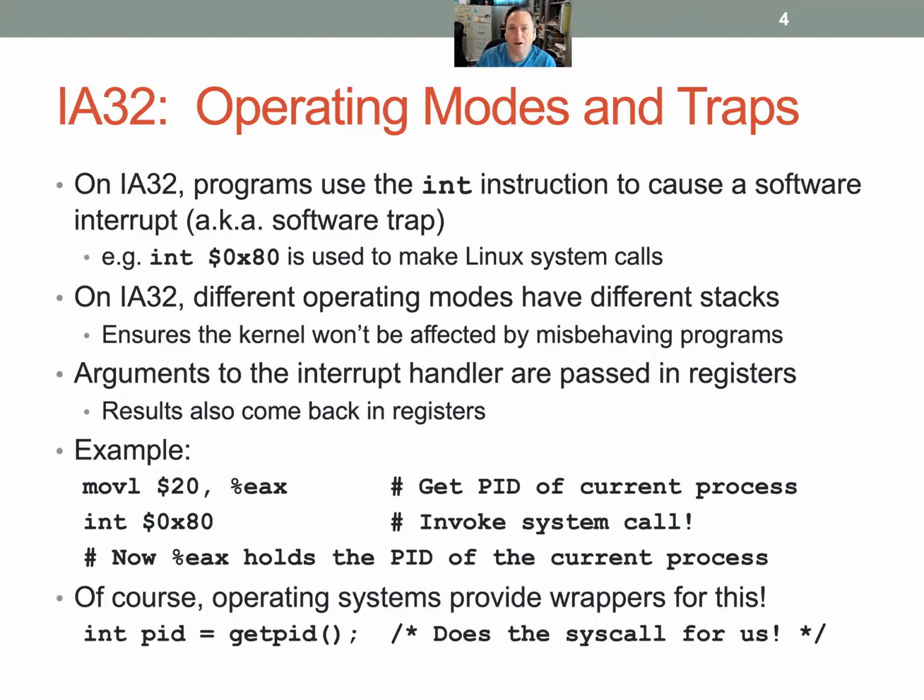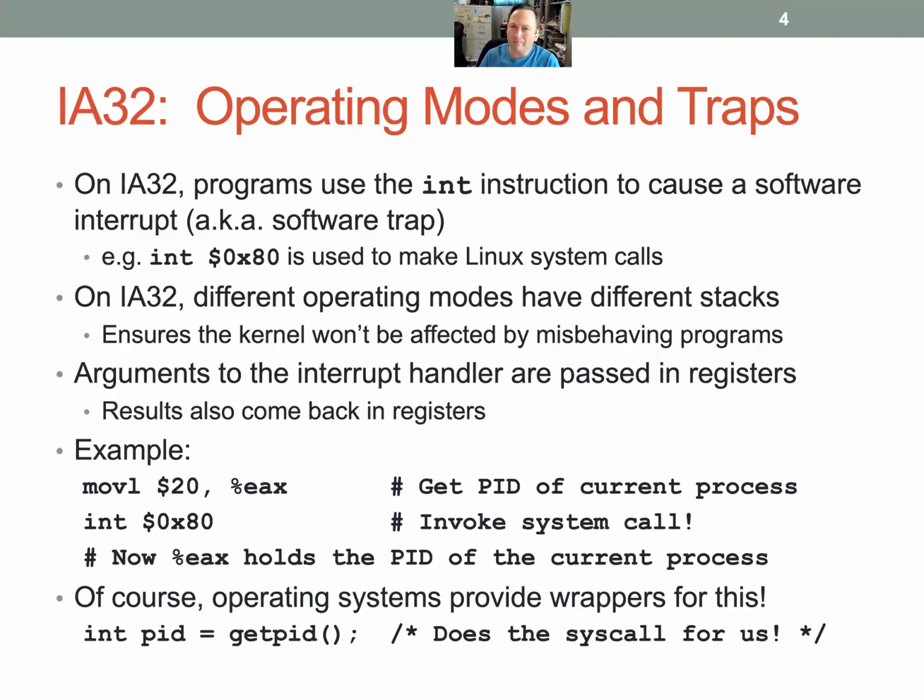Now, we don't want programs to have to do this, for a couple of reasons actually. There are all of these wrappers around system calls available. So you don't trap to invoke read or write or dup2 or any of these kinds of operations. Instead, you call the C wrapper function, and it takes care of getting into the kernel for you. Part of the reason why this is great is because it turns out that int is kind of slow.